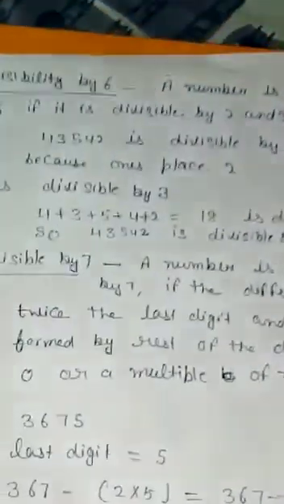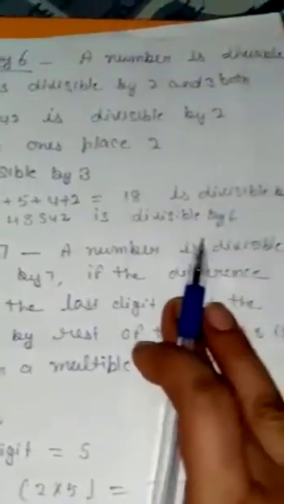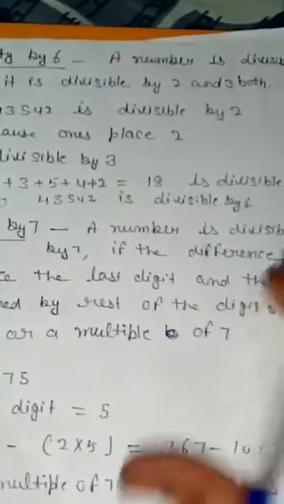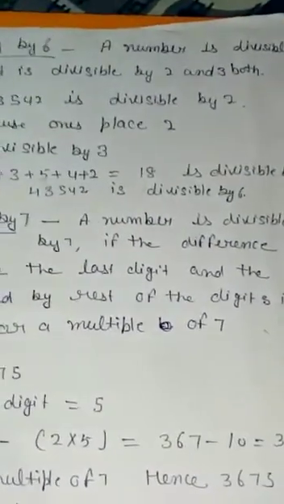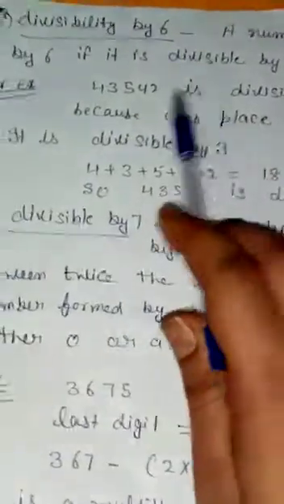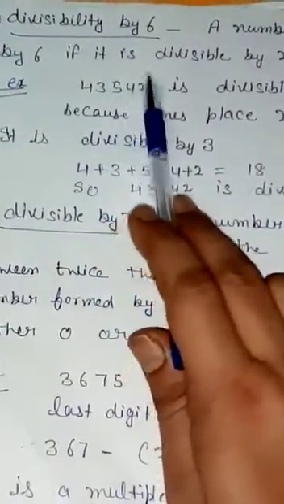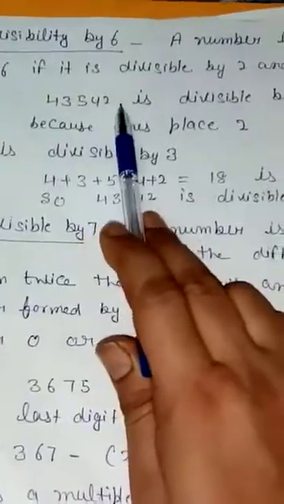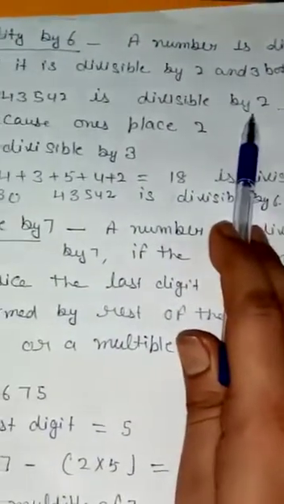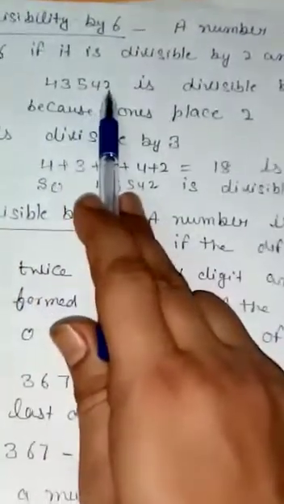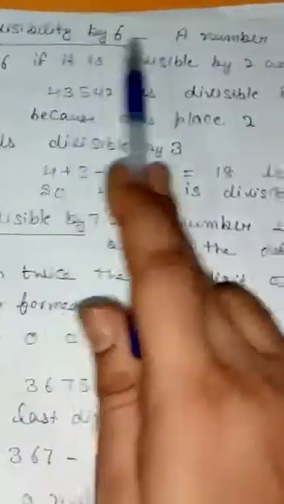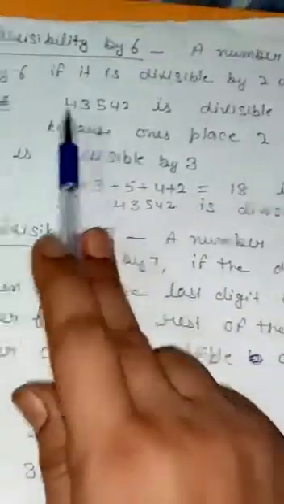Next is divisibility by 6. A number is divisible by 6 if it is divisible by both 2 and 3. For example, 43542. 43,542 is divisible by 2 because the one's place is 2. Now we will check if it is divisible by 3.